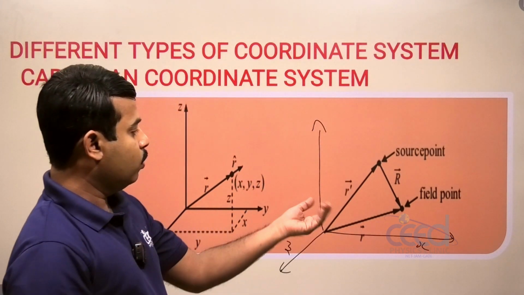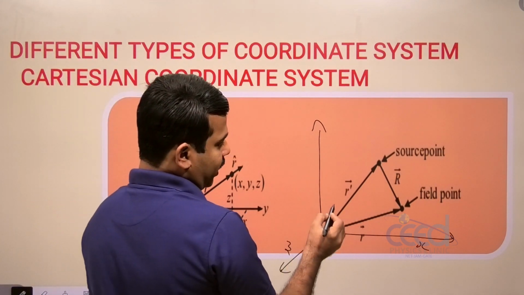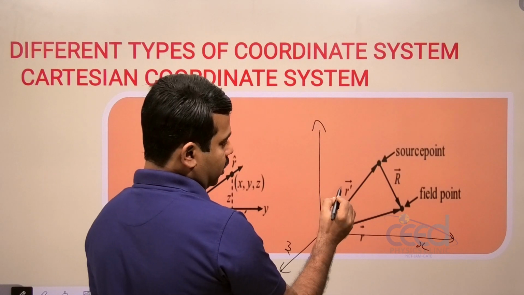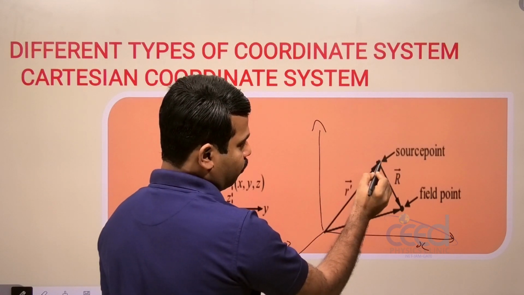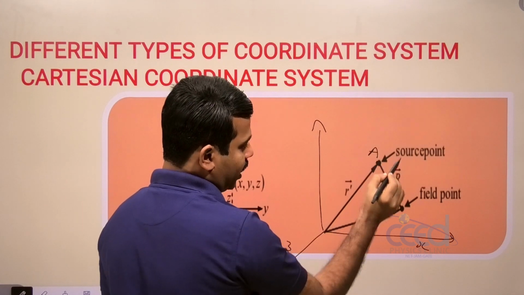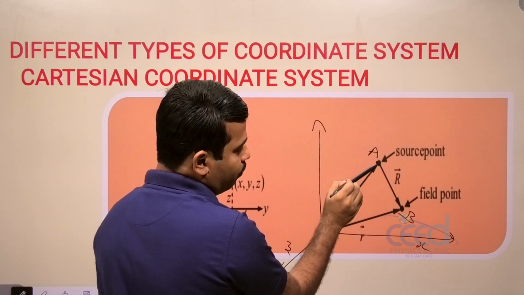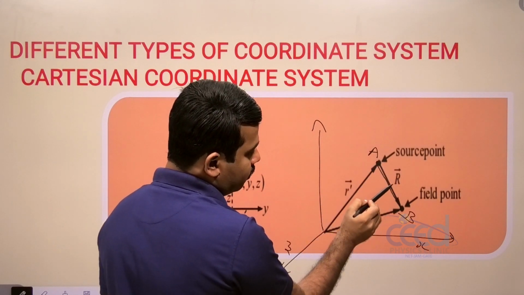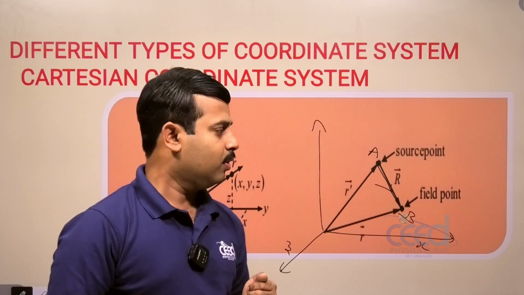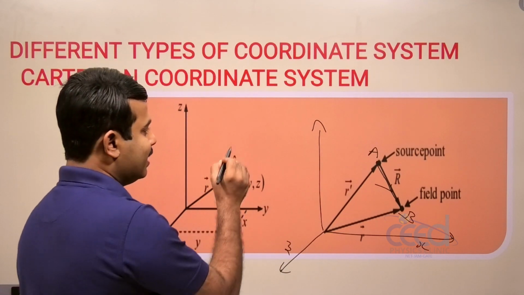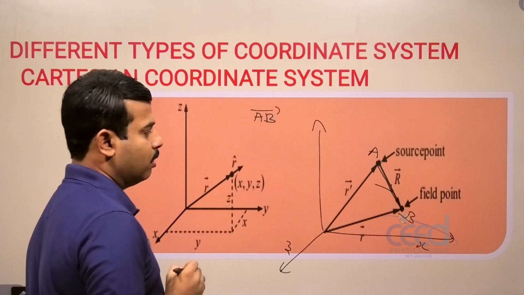Now look here. I have represented two position vectors. Suppose this is a point A and this is a point B. A particle is moving from A to B. Then what is the displacement vector? AB is the displacement vector.